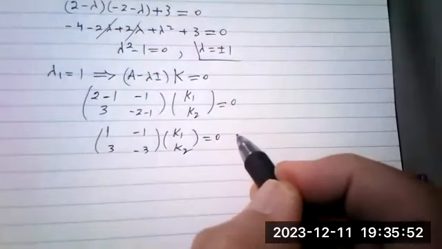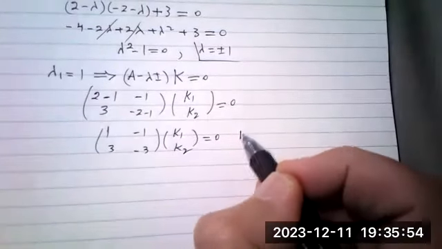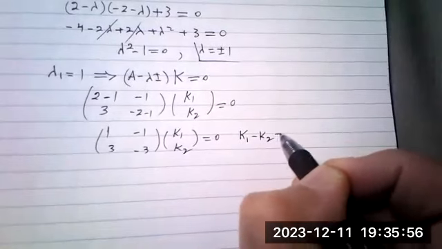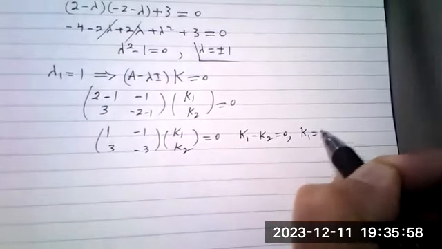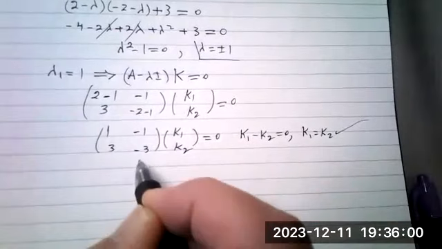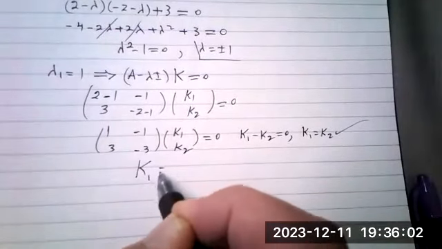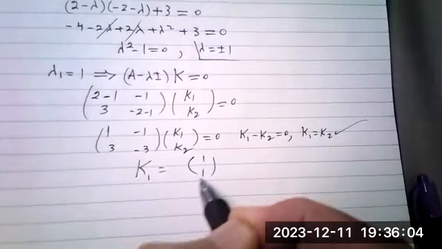So it's k1 minus k2 equals 0, which gives k1 equal to k2. So the first vector is going to be 1, 1.